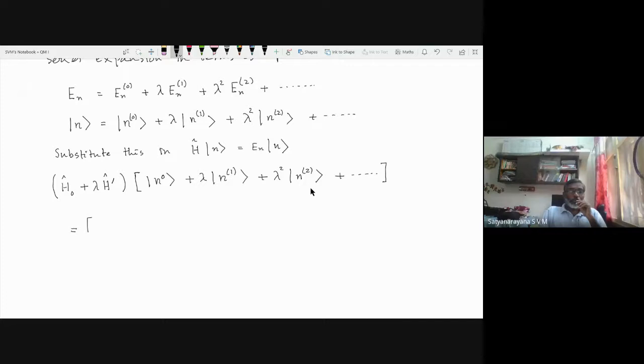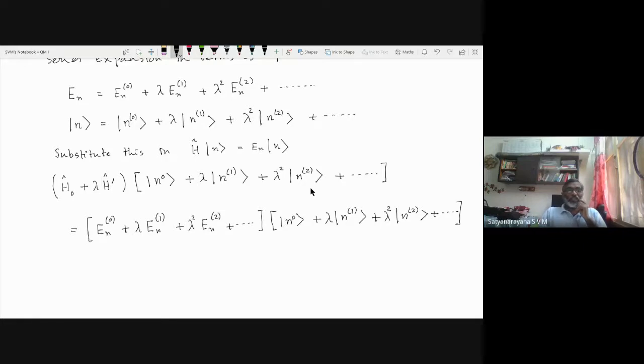En is nothing but En0 plus lambda times En1 plus lambda square times En2 plus etc. This is an infinite series multiplied by another infinite series, namely n0 plus lambda times n1 plus lambda square times n2 plus etc. So this is the equation when I substitute this expanded version of En and n in the eigenvalue equation.